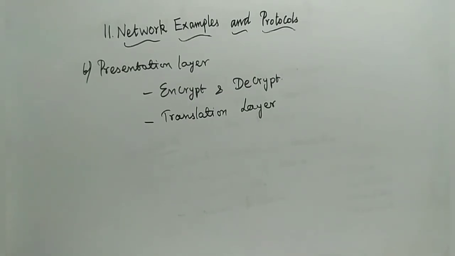What is the next layer? The seventh layer, it is your application layer. Here the main task that is done is encryption and decryption. Similarly, this layer has functions. The first one is your translation.